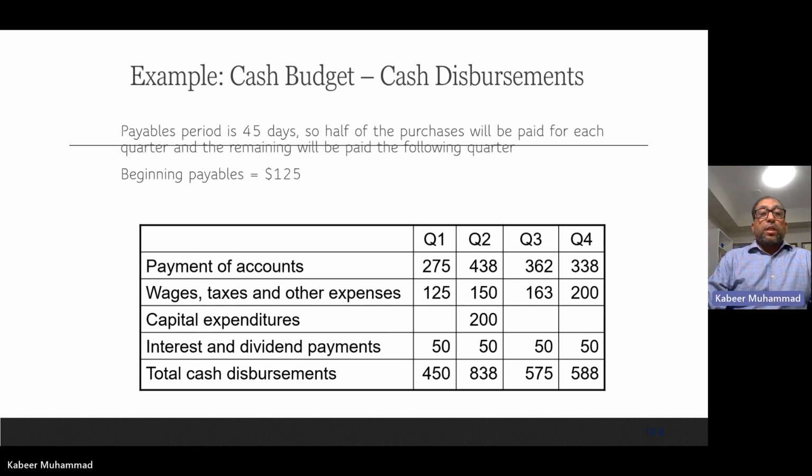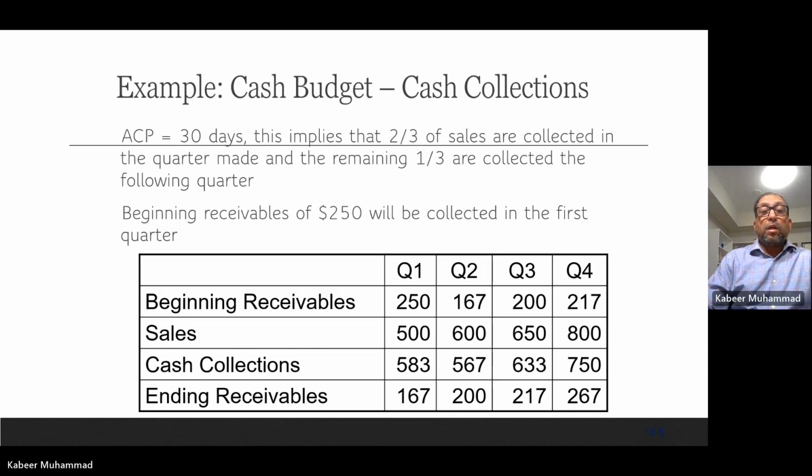Same is the case with the quarter two payment. We started with the ending balance. Ending balance is 150. You know that of sales of 600, 50% is our purchases, and out of that we already paid 50%, and the other 50% is outstanding. So 150 from the beginning payables, and the next quarter sales is 650.